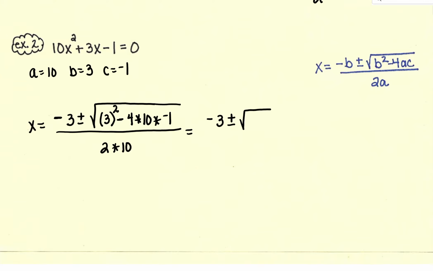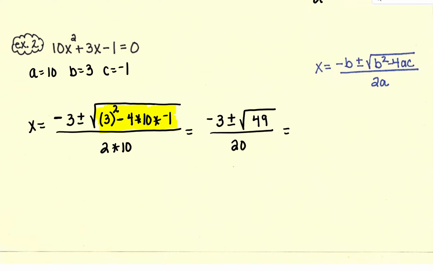Now, draw the house, but go to your calculator and type this in perfectly to see what lives at your house, or what your discriminant is. And so when I type that in, I'm going to get 49 all over 2 times 10, which is 20.